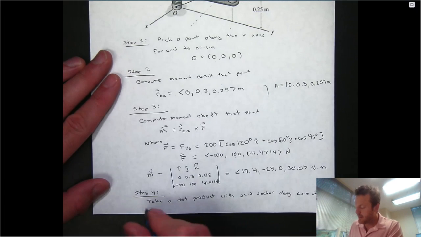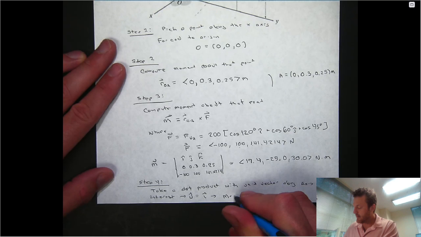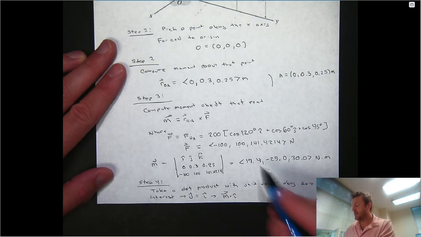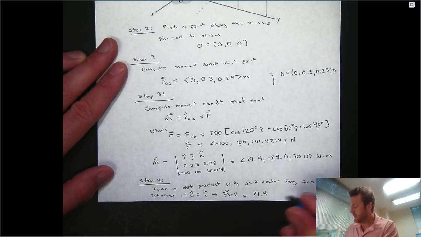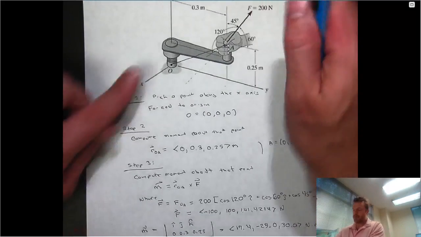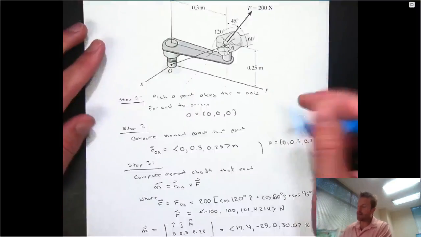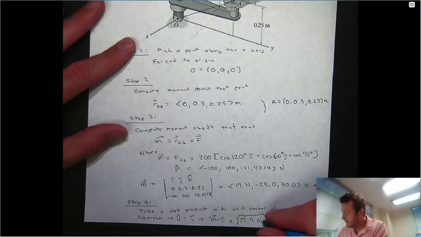If we want to compute the moment of this force about the x-axis, our unit vector is just going to be i hat, and M dot i hat is just going to give us the x component of this vector, which is 17.4 Newton meters. So what that is saying is that this force, when it's applied, is going to tend to induce a rotation in the counterclockwise direction about the x-axis, corresponding to a magnitude of 17.4 Newton meters.